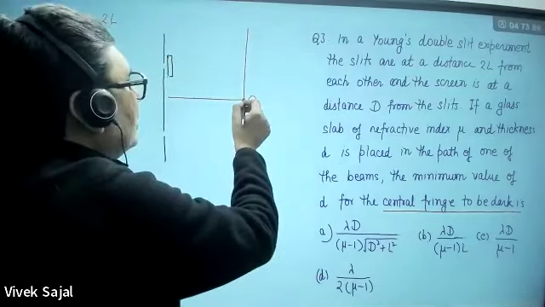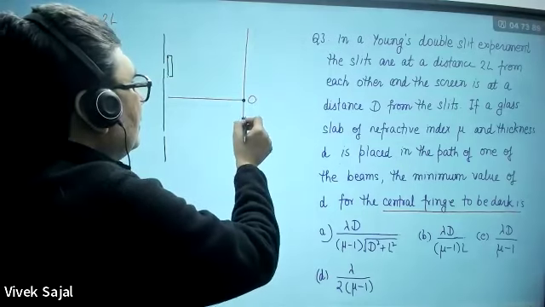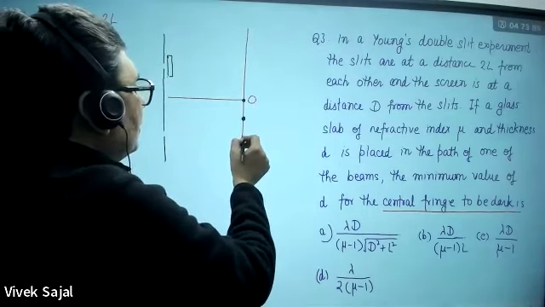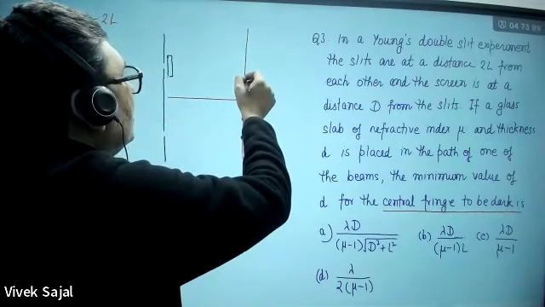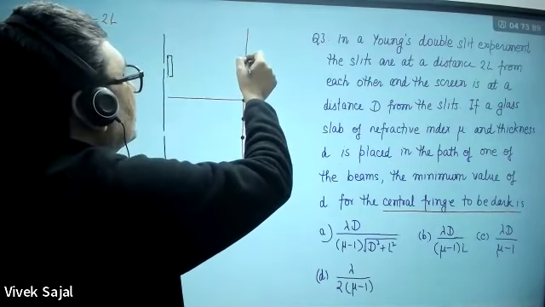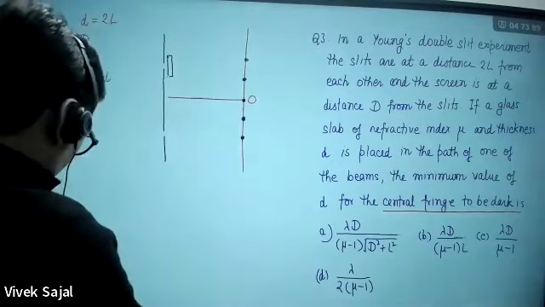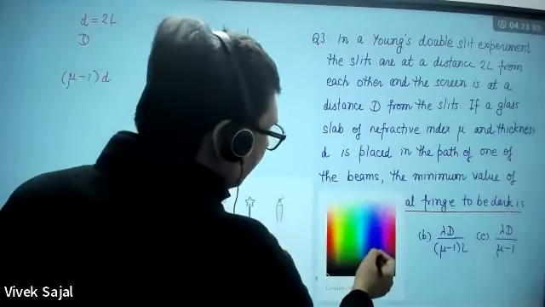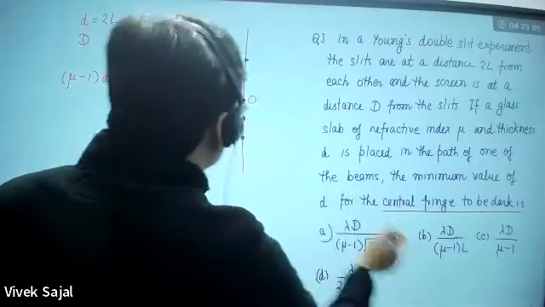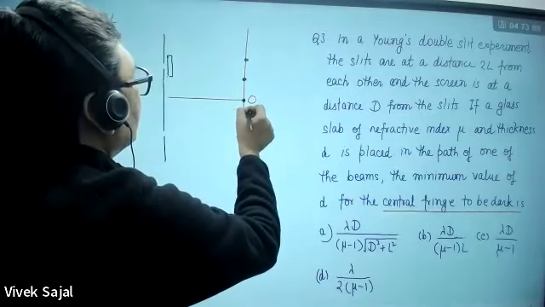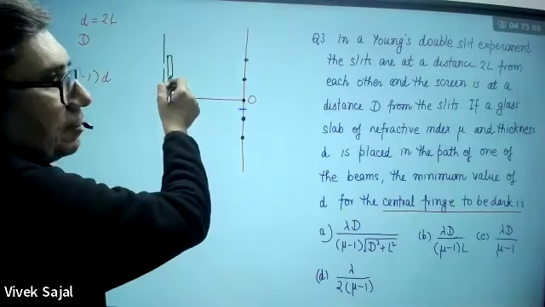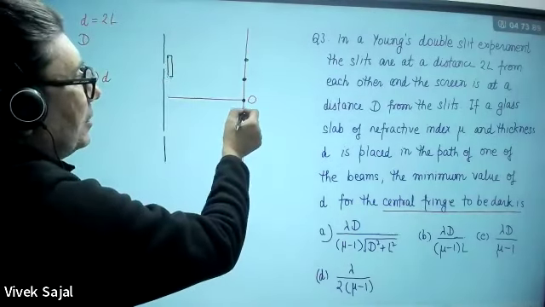So try to understand, this will be a maxima, this will be a maxima, this will be a maxima. Here you are going to have this type of maxima. But in between the maximas, there will be a minima. So when you are introducing a glass plate, what can happen? This is the first minima.